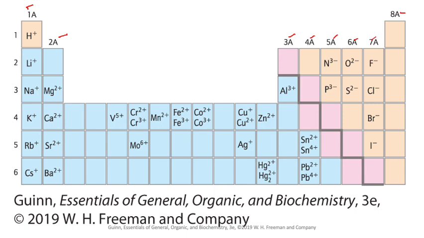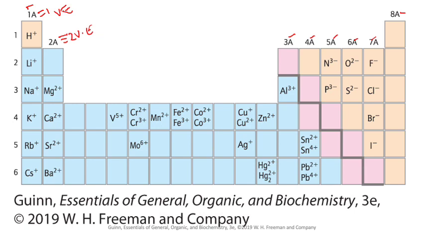So group 1A has 1 valence electron, group 2 has 2 valence electrons, group 3 has 3, group 4, 5, 6, 7, 8. So the last group has 8 valence electrons in it.